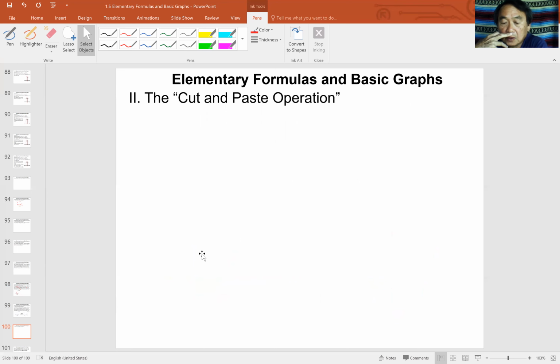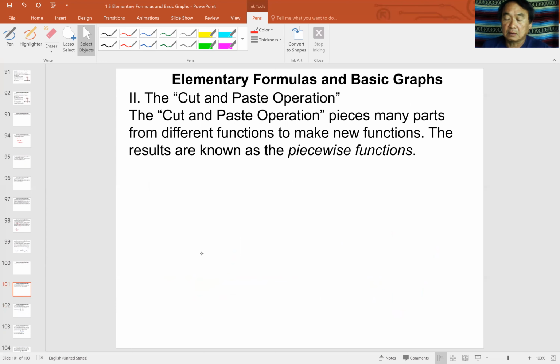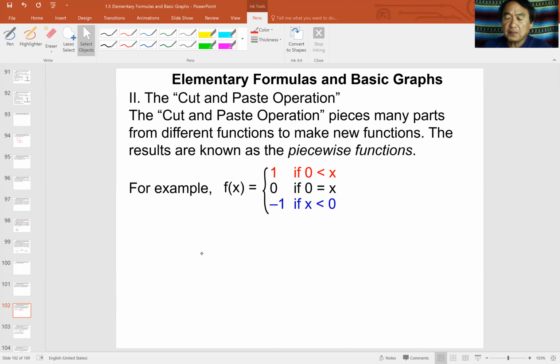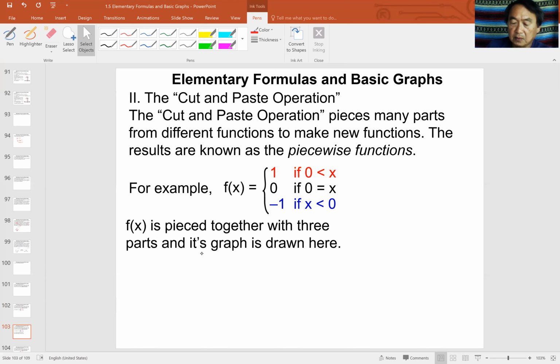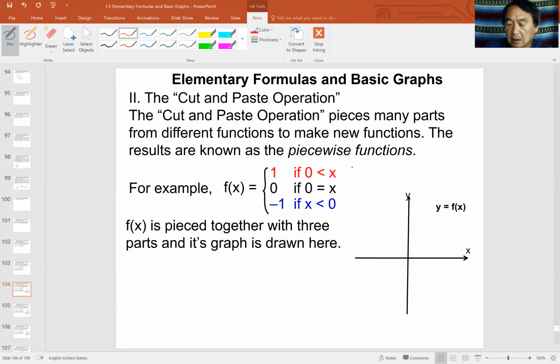And then we have these cut and paste operations. A lot of times we need examples of formulas which are artificially constructed to demonstrate something, and they're called piecewise functions in mathematics. Or actually, a better word for them is multi-rule functions.